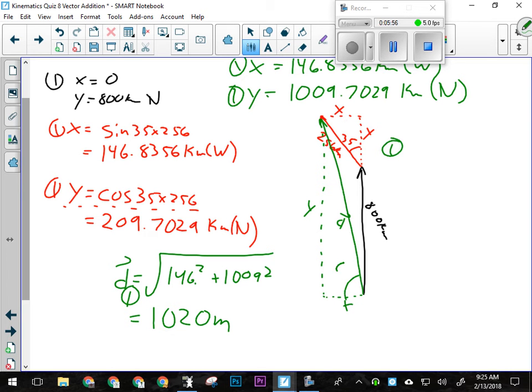Then we have to find the vector of our final displacement here. So theta is going to equal tan to the minus 1 of the two sides I calculated. That'll be 146 divided by 1009.